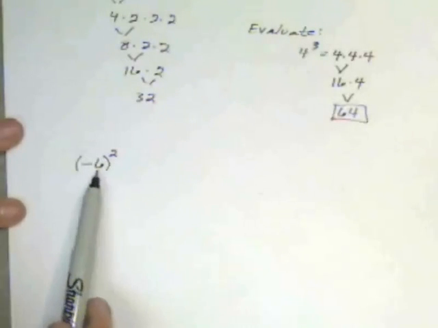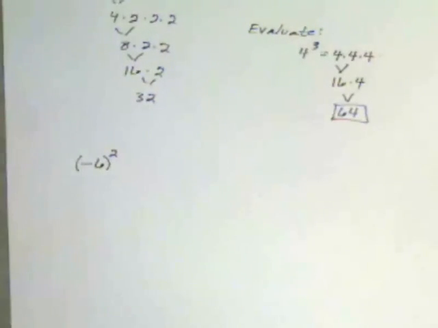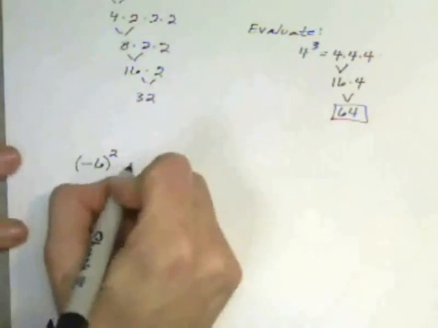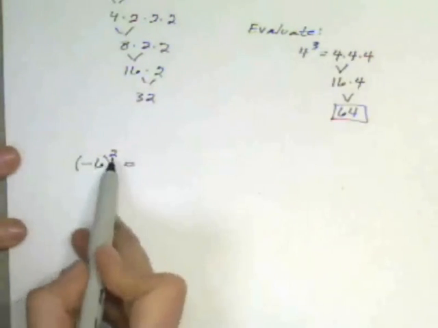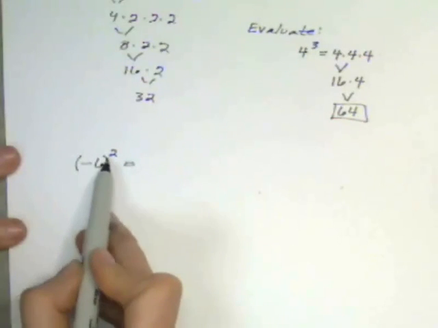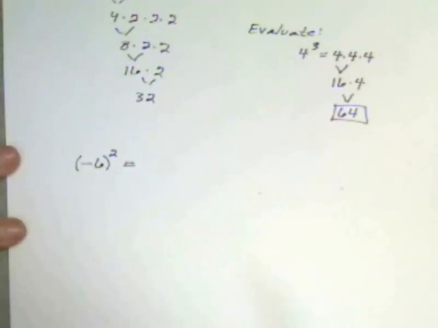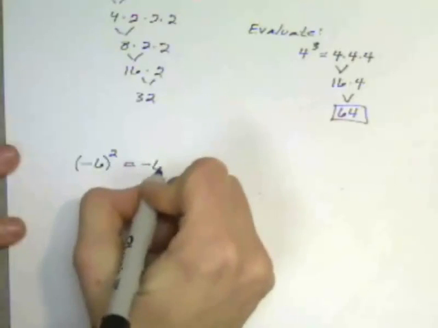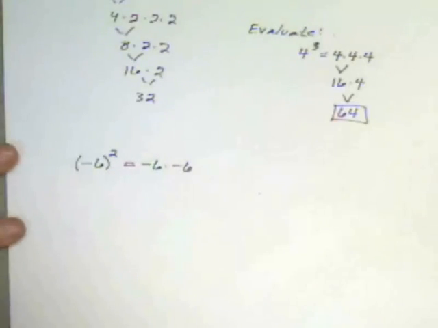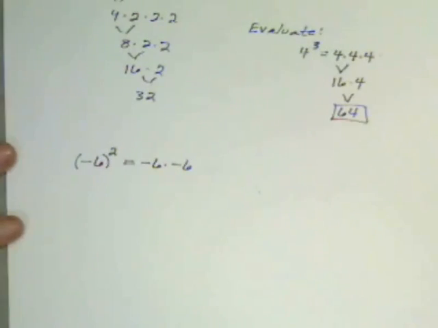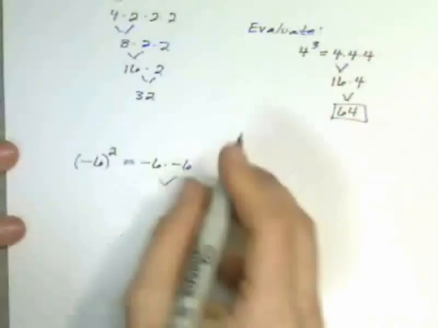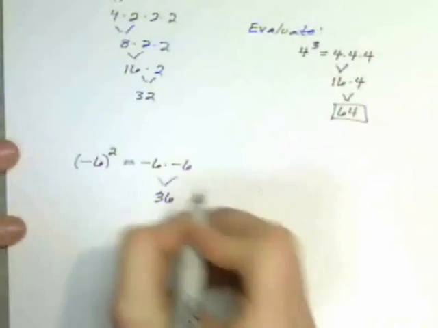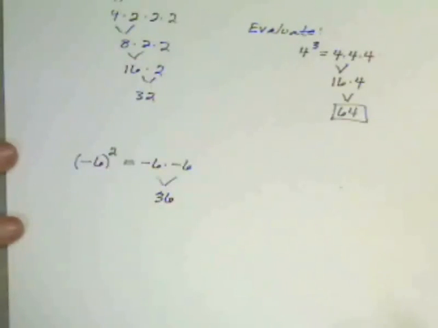But here we have -6 squared, or you could say to the 2nd. And what that means is that everything attached to that 2, and here we have parentheses, so we know that the negative and the 6 are attached, gets multiplied by itself. So -6 times -6. A negative times a negative gives me a positive, and I have a 36.